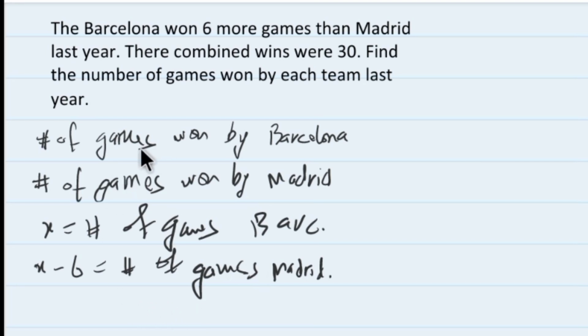So now, according to the problem, their combined wins are 30. So x plus x minus 6 is equal to 30. Now we will simplify the equation by following the similar procedure as we have already done.